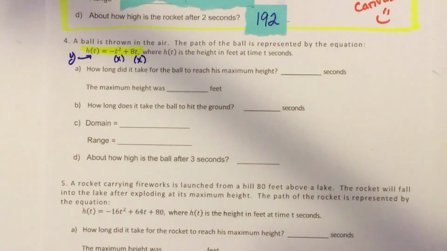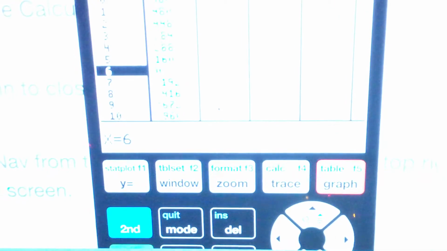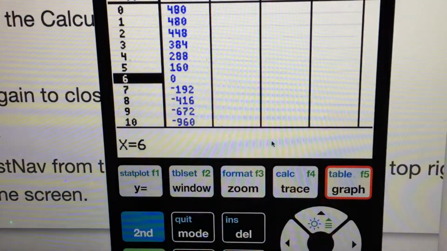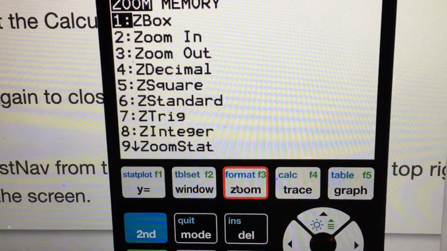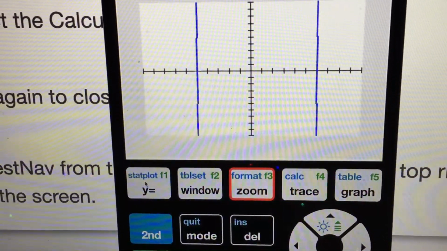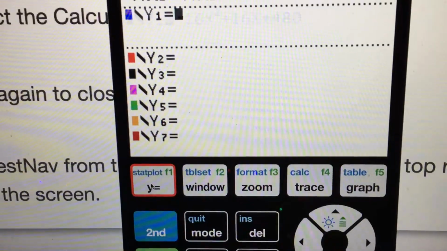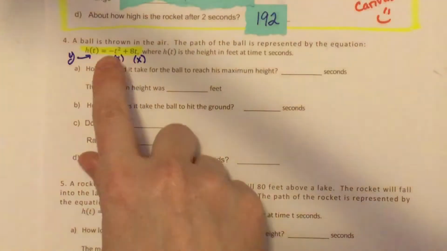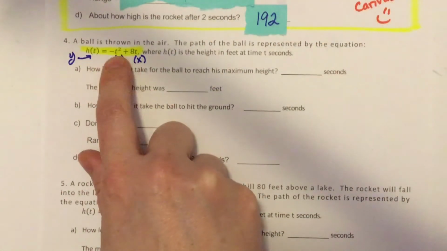Okay, so I'm going to go ahead and put this equation into my calculator. All right, so I'm going to go zoom 6. So zoom and then 6. Puts it back on my standard window. Then I'm going to go to y equals, and I'm going to get rid of that equation and type in my new one. So negative x squared.